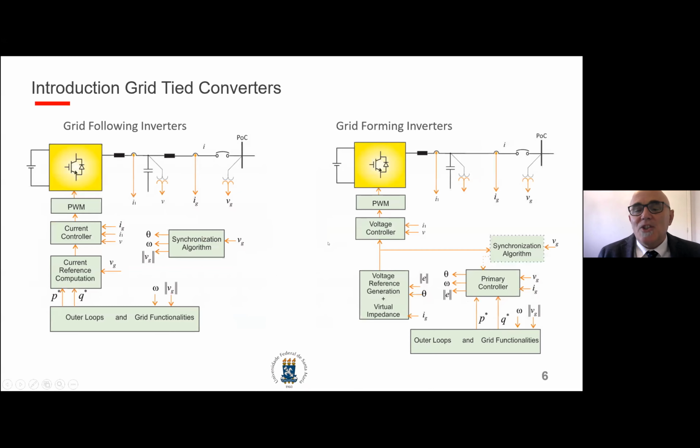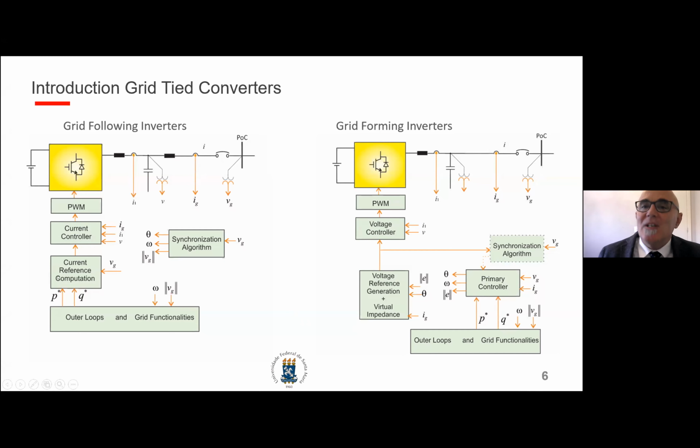In terms of connection of converters with the microgrid, we have two main forms: grid following and grid forming. Conceptually, the grid following operates basically as a PQ bus, in the sense that you have an inner current loop, the PWM inner current loop.